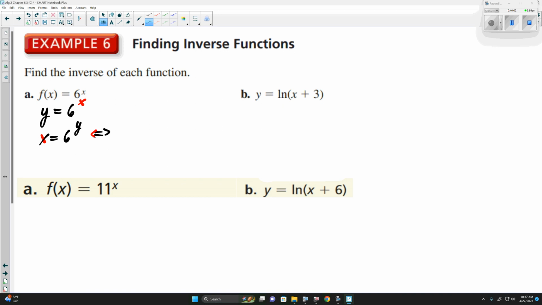So rewrite it as a logarithmic. So we'd have log base what? Log base 6 of x is equal to y. That's the inverse.